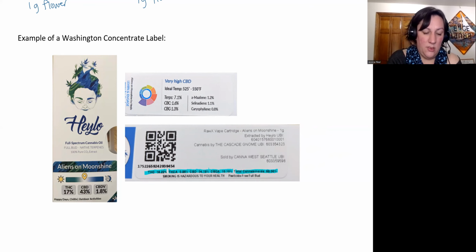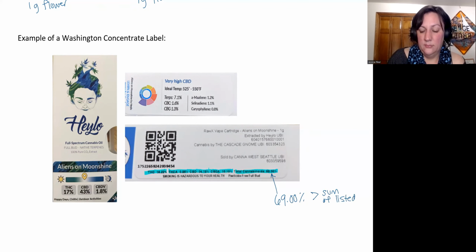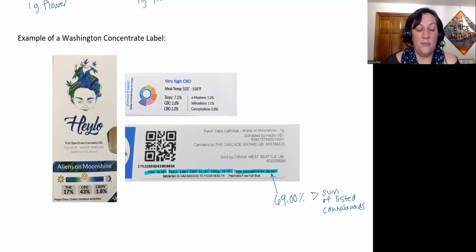And you'll note that even if we perform our total THC and total CBD calculation, the total cannabinoid value here is 69.00%. This is larger than the sum of the listed cannabinoids. So this value is actually giving us absolutely everything.